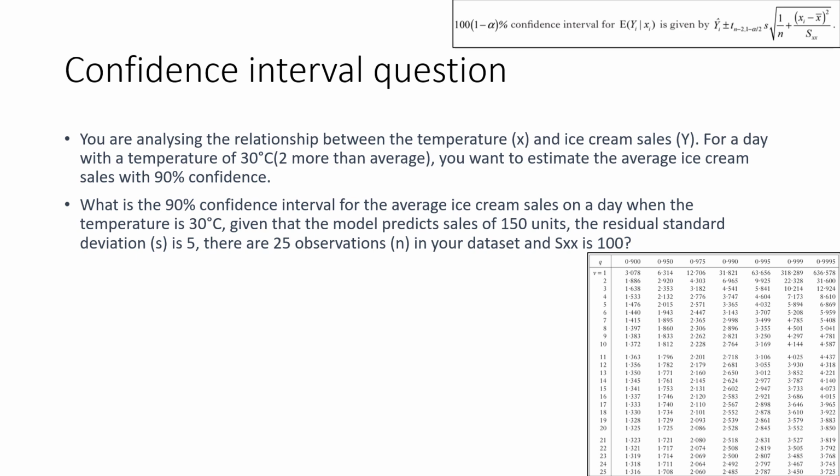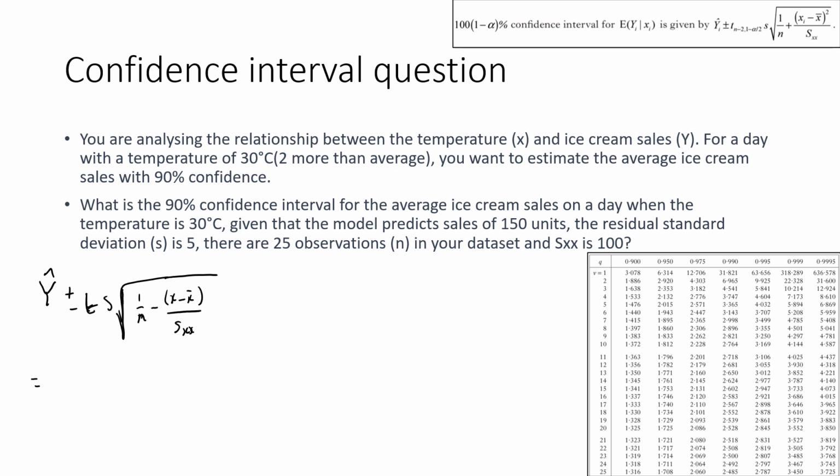Again, what I would do here is first write out the whole equation, y bar plus or minus t s square root of 1 over n plus (x minus x bar) squared over SXX. And then I would just fill in the variables.